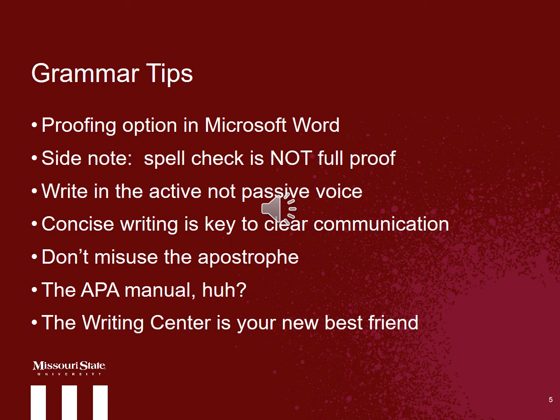Now if you're not all that great with understanding the difference between passive and active, you might think, how in the world am I going to know this when I'm writing? Well, don't worry, because if you set up your proofing option in Microsoft Word, it will show you every sentence that is in the passive voice. And so you will make sure you change that sentence before you submit your application.